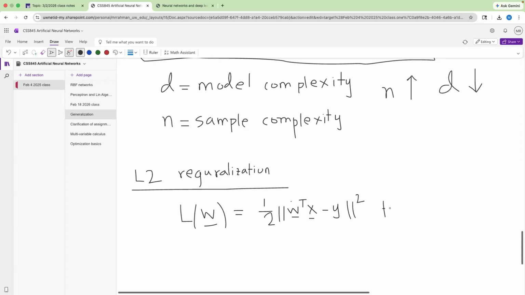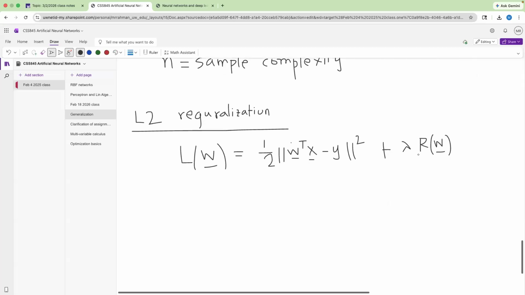And then we add a regularizer here: lambda times a regularization, which is typically a function of your weights. And this term controls how complex our model can be, right?